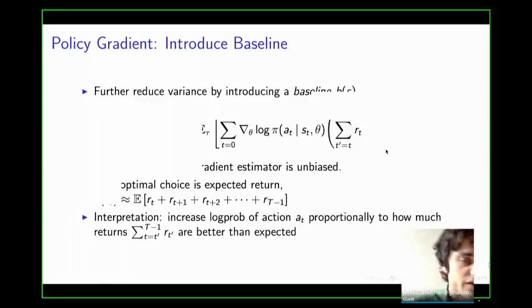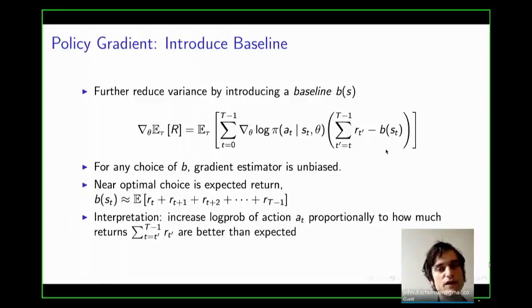Another way to derive this is to just write out the formula for the variance. The variance of some random variable x is just the expectation of x squared minus the expectation of x, squared. If you write that out and you make some approximations about things being independent, then you'll find that you just want to minimize the expectation of this term squared, the sum of rewards minus baseline, squared.